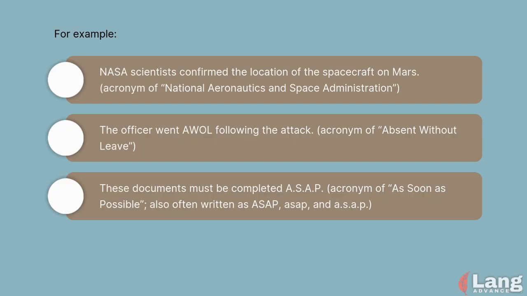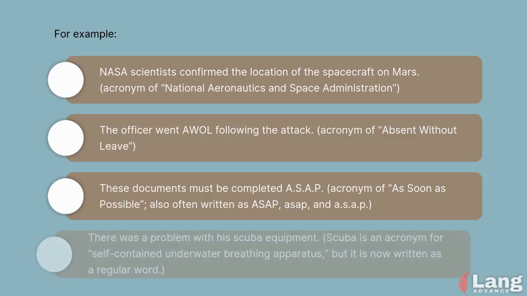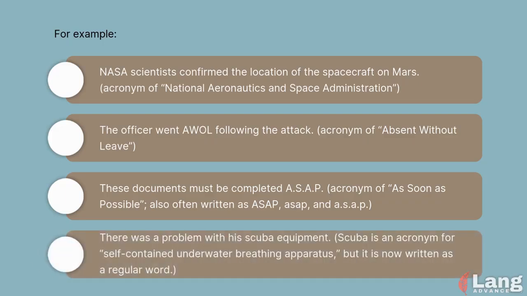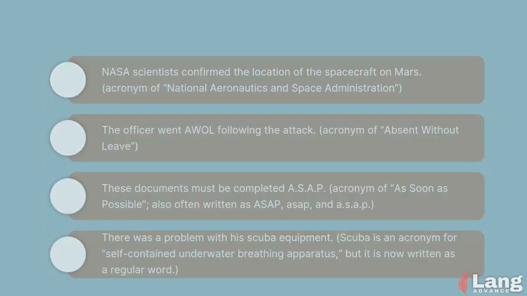The documents must be completed ASAP, acronym of As Soon as Possible, also often written as ASAP, or A.S.A.P. There was a problem with his scuba equipment. Scuba is an acronym for Self-Contained Underwater Breathing Apparatus, but it is now written as a regular word.